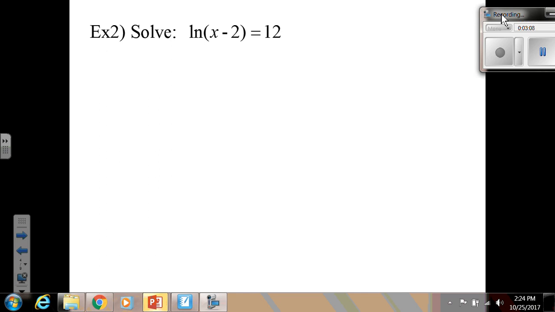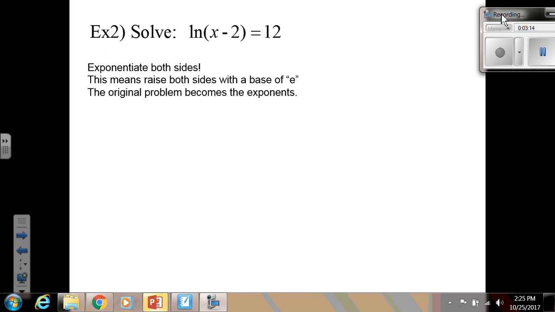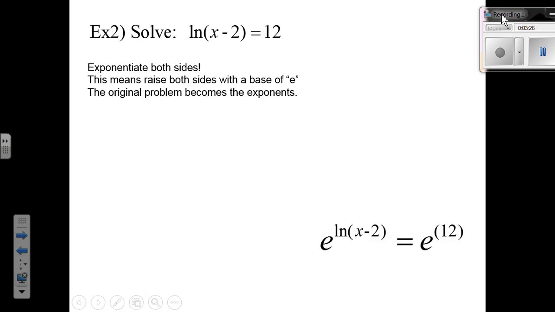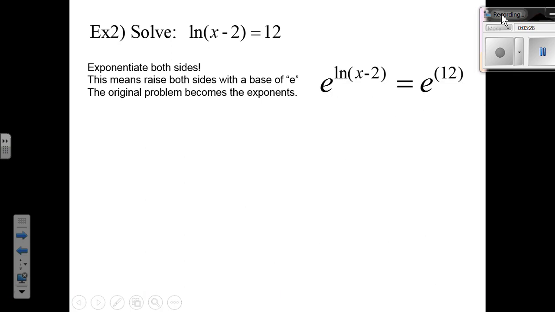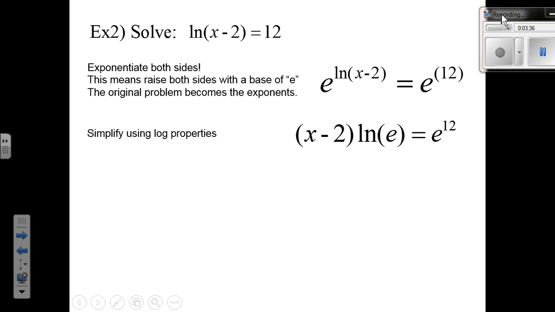Okay, and then if I'm solving something like this, then the first thing we do is exponentiate both sides. Notice that the natural log is already isolated, so we can exponentiate both sides. Exponentiating, remember, means that we're going to raise both sides with a base e. Okay, so each side becomes the power on the e. That's called exponentiating. So then we can simplify using our properties.